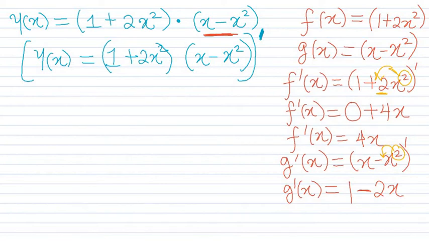So g prime of x, I'm going to put it in blue, is 1 minus 2x.